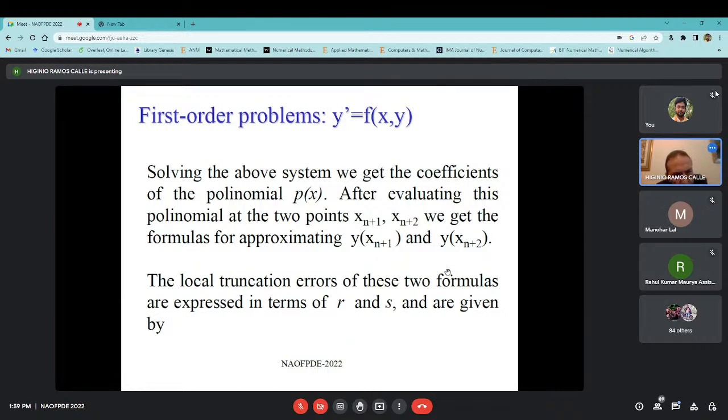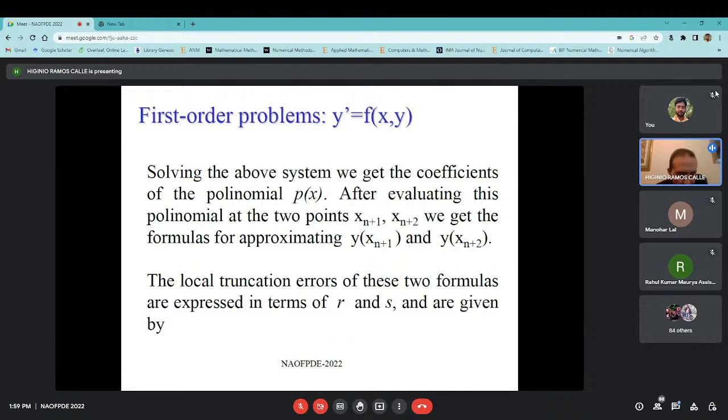So the question now is how to get the parameters r and s, which correspond to the intermediate points. This can be done using the local truncation errors of these two formulas, which are obtained using the usual Taylor expansion.